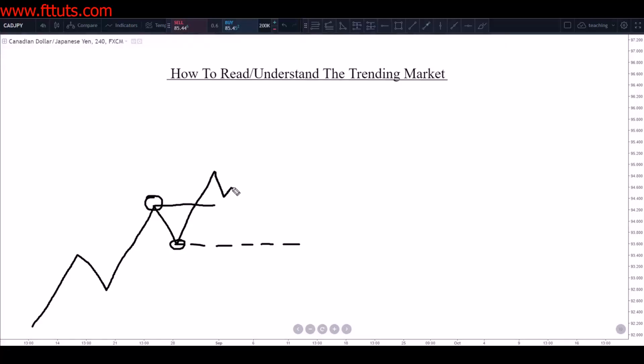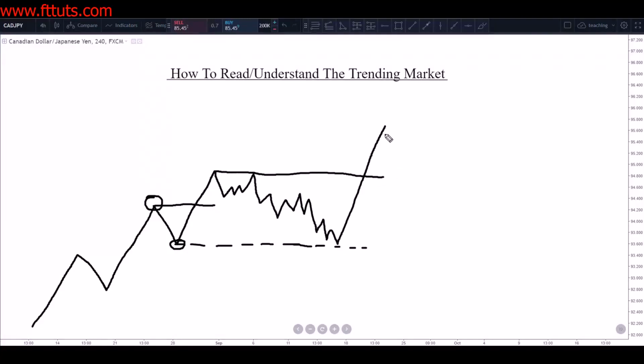So let's say the market comes down and does something like this and consolidates through here. No matter what, as long as we stay above this level and do not close below it, we're expecting this market to continue in trend and at least retest these highs. Now let's consider we do it again right here. Same scenario, we just broke above our previous level of resistance, meaning we're continuing this uptrend.